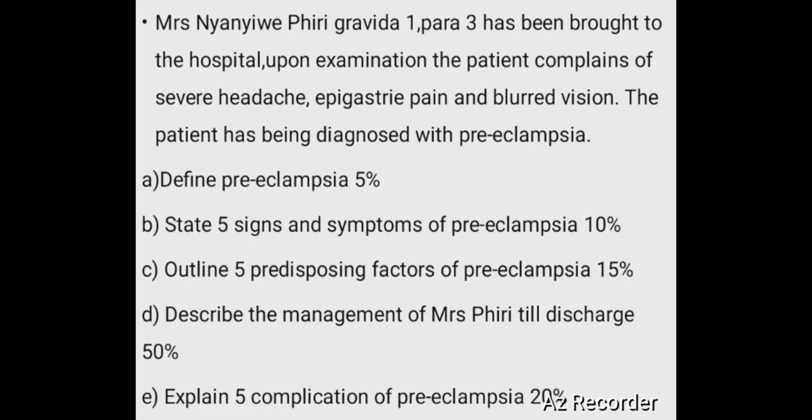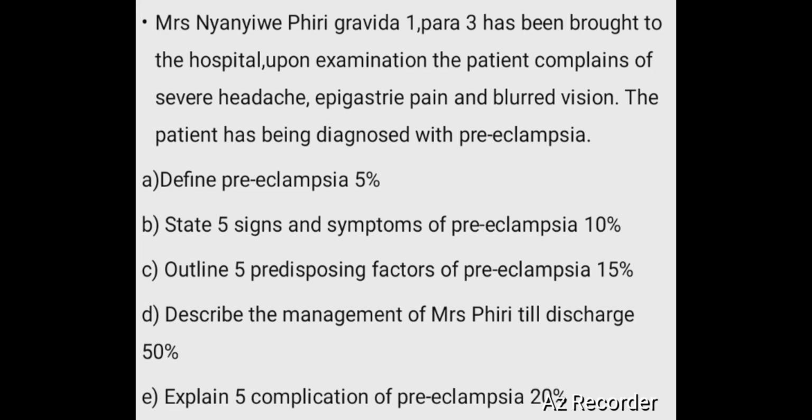D is saying, describe the management of Mrs. Piri till discharge, 50 marks. So I'm just going to summarize the management so that it doesn't take much of our time. So under management, of course, you start with your aims, the way you always start with your management.